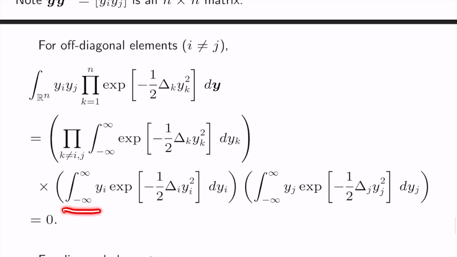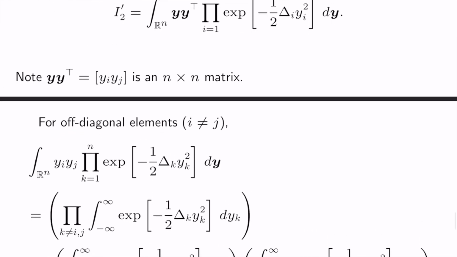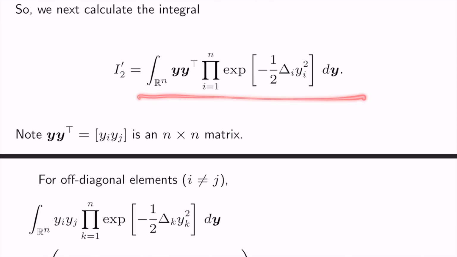So here's the term containing yi, and here's the term containing yj, and everything else is here. But this integral is just the first moment of this Gaussian integral, so this is 0, and this is also 0, so the result is 0. That means all the off-diagonal elements of this integral are 0.